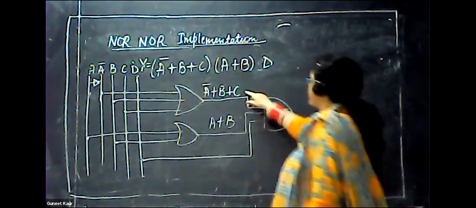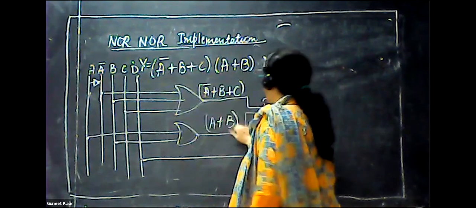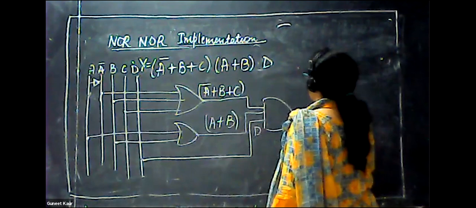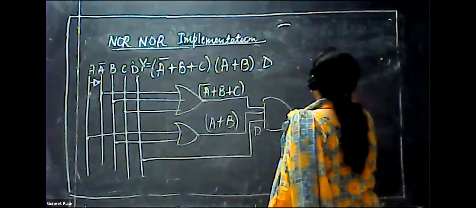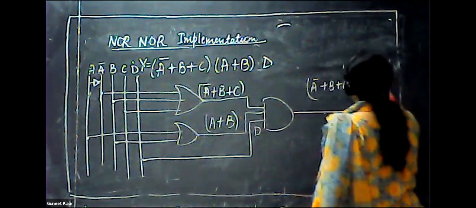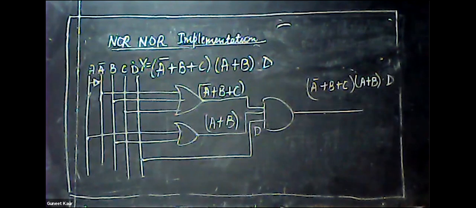So you get this expression in the end: A bar plus B plus C, then A plus B, then D. Okay, with this we have completed the first step.